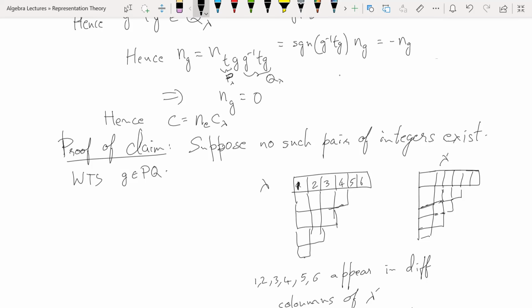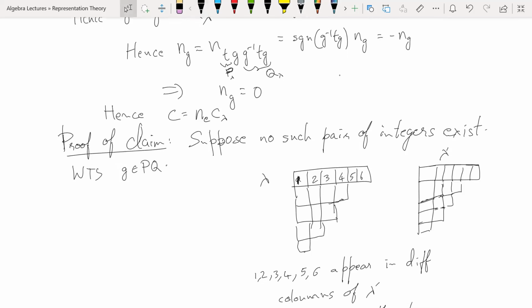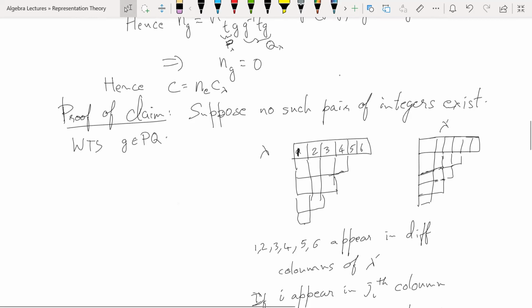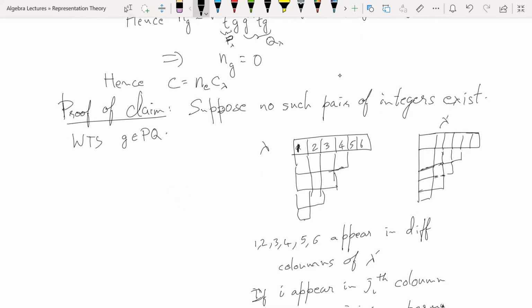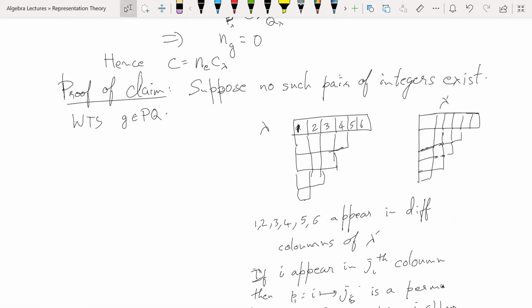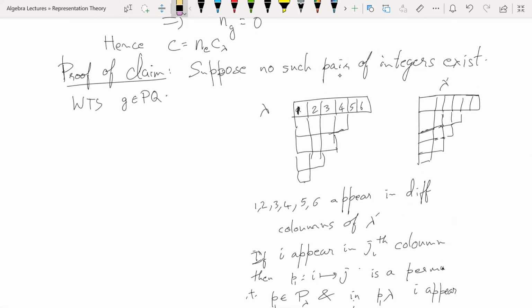Okay. So if I permute this 1, 2, 3, 4, 5, 6, so say i appears in the j_i-th column, then I can look at this permutation which sends i to j_i.